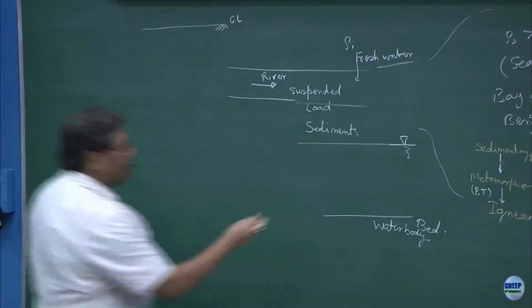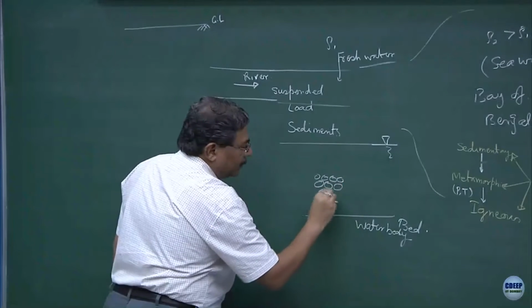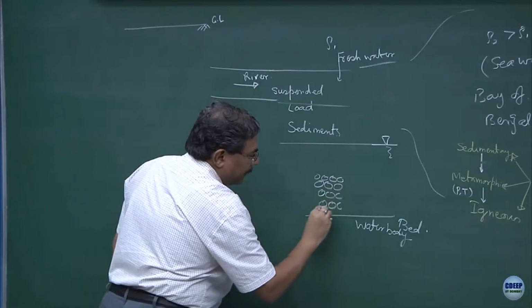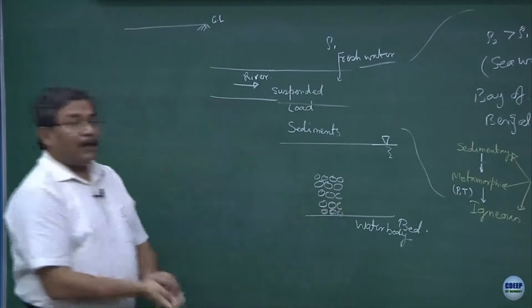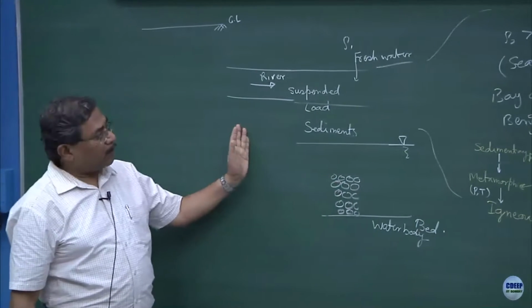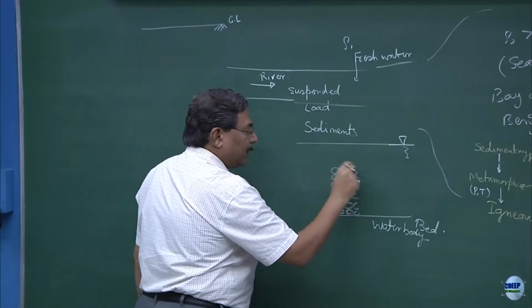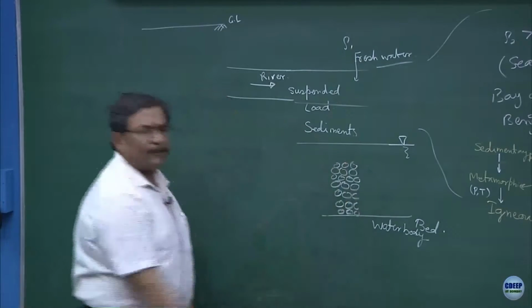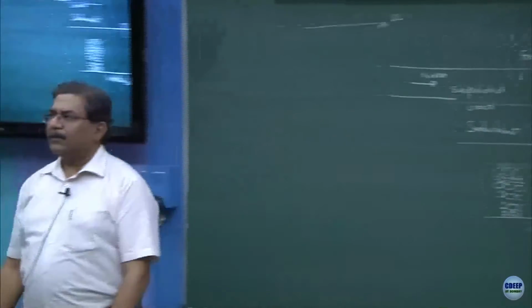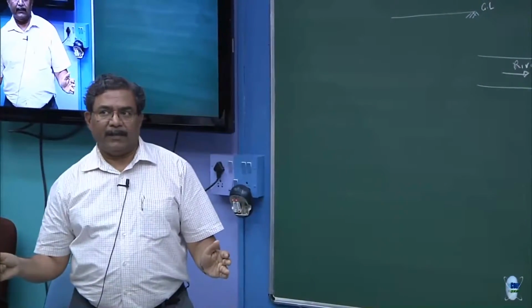So, all these sediments, mostly coarse grained materials, they keep on settling. Initial process. Next load of sediment comes, it gets deposited like this. The whole process is happening under gravity, clear?